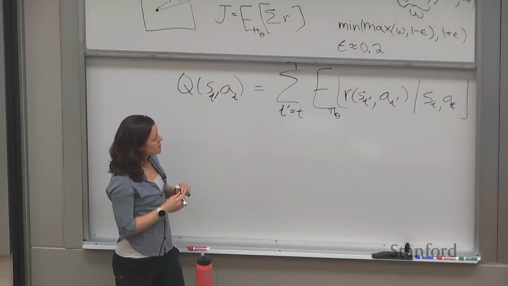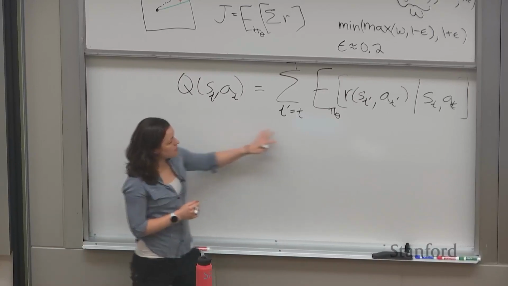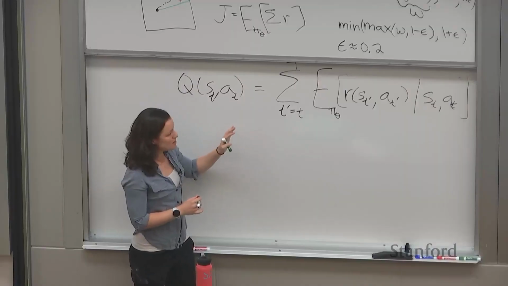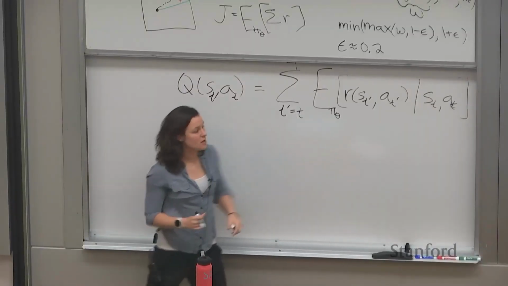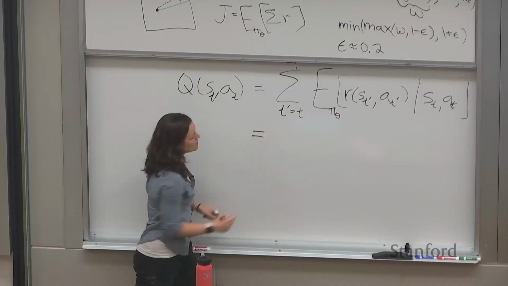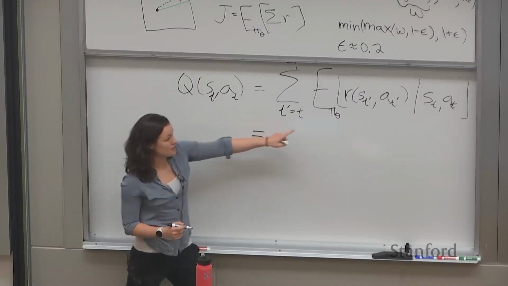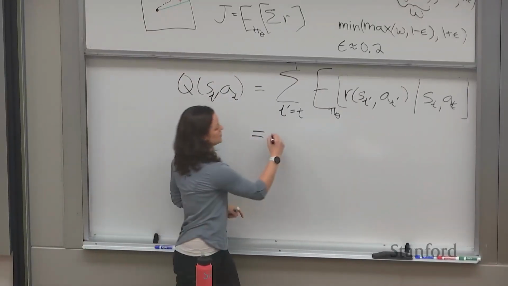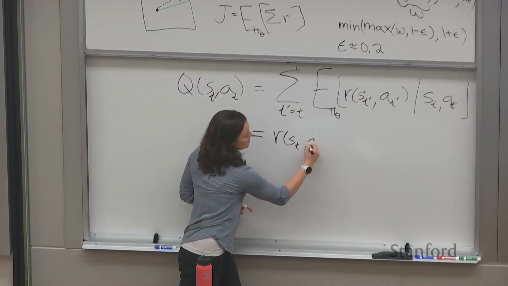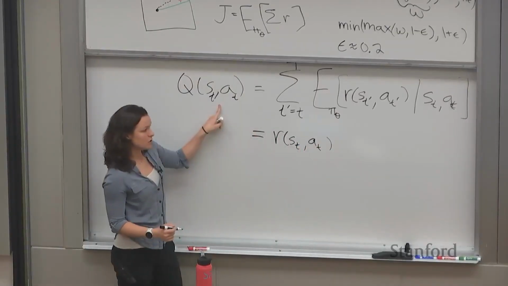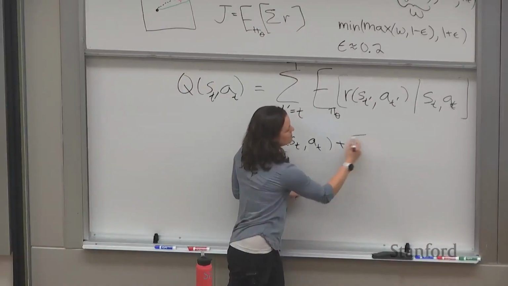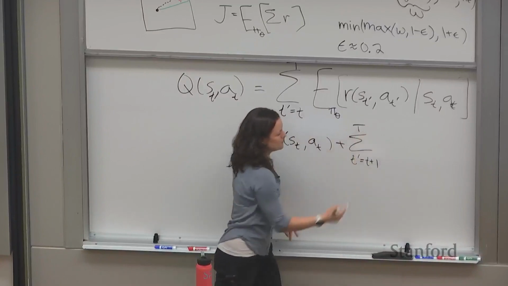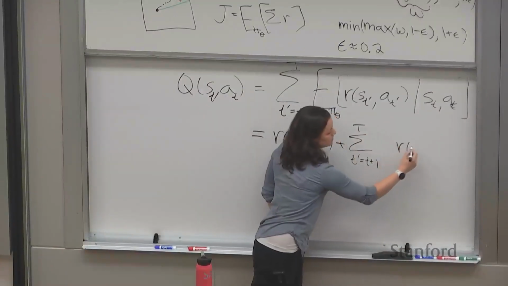Now we have the summation over future time steps. We can start to write out the summation. In particular, if we write out the first time step, the first state and action is just ST, AT, because that's what we're passing into the Q function. So we know the reward of the first state and action that we took. And then we have a summation starting at t plus 1 of the sum of future rewards.